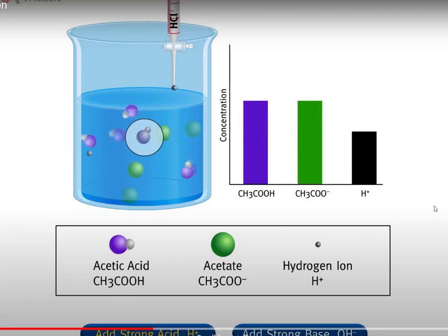So we add HCl, and if you look at the graph over here, you can see that the levels of our acid and the conjugate base are consistent so far. We're not even going to worry about the Cl minus because that doesn't contribute to pH, but the H plus would. So what happens with that H plus? Well, as you can see in this highlighted circle here, we made a new purple one.